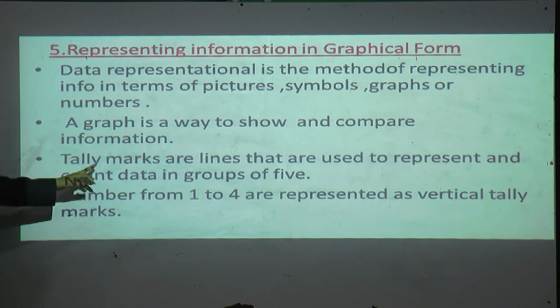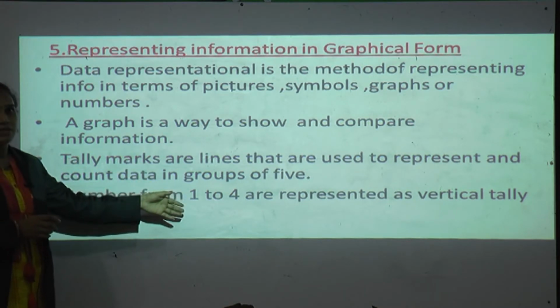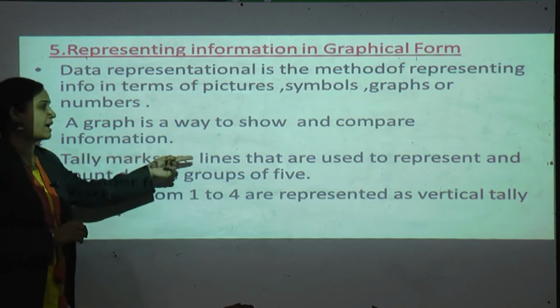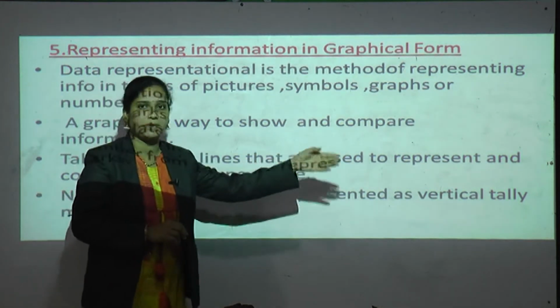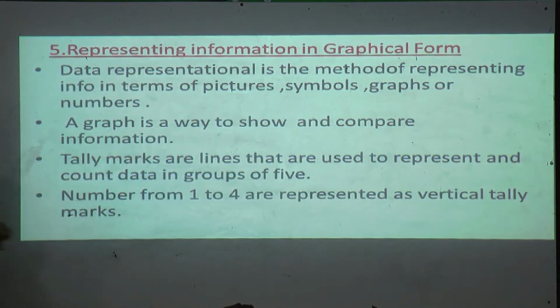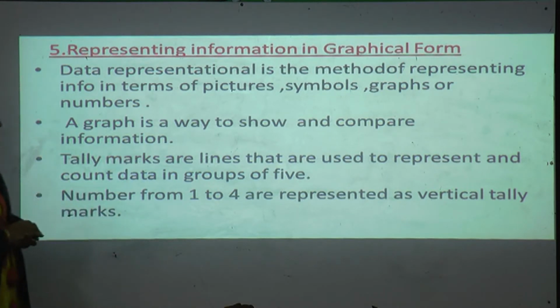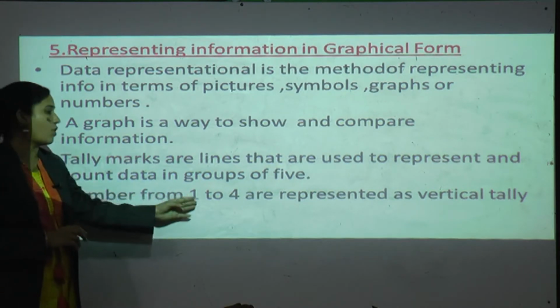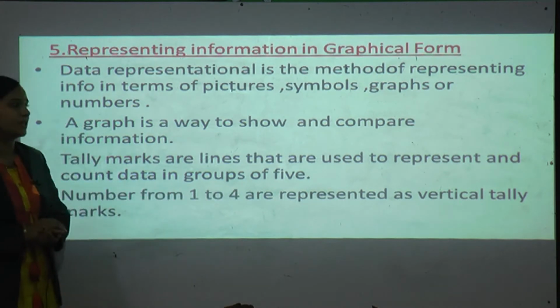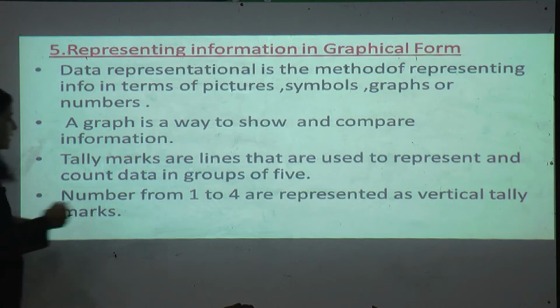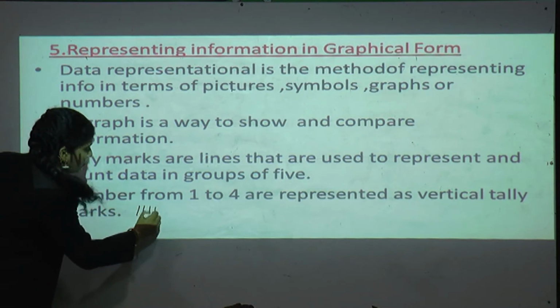Okay. Now, tally marks. Just now we saw the tally marks in that table. Tally marks are lines that are used to represent and count data in groups of 5. In groups of 5 we can count tally marks. Numbers from 1 to 4 are represented as vertical marks like this: 1, 2, 3, 4.